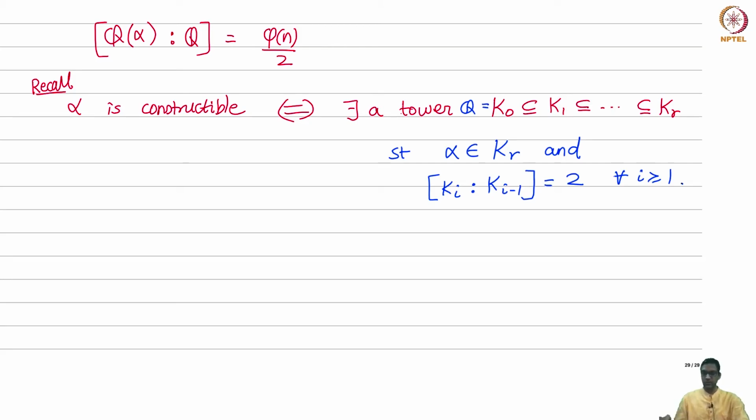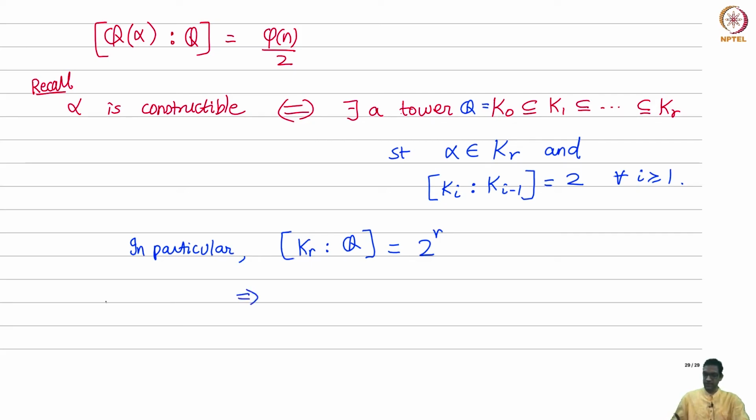So this was the theorem on constructibility. So in particular this means, so what does it mean? In particular this means that the degree of Kr over K0, which is Q, is just a product of the degrees of the intermediate extensions. So this is just 2 to the power r in this case. Okay, so it's a power of 2. Okay, so what does that mean?